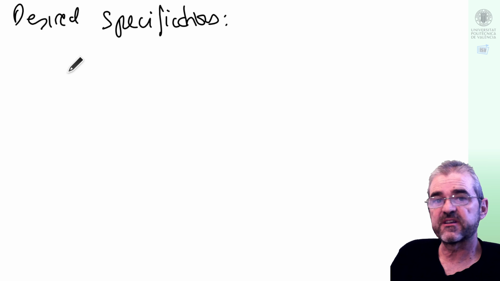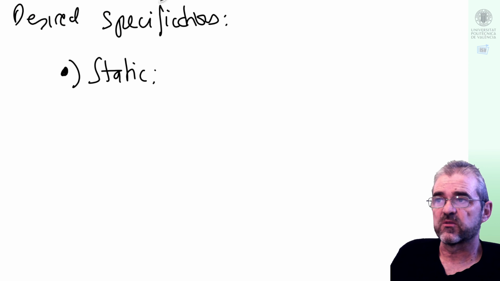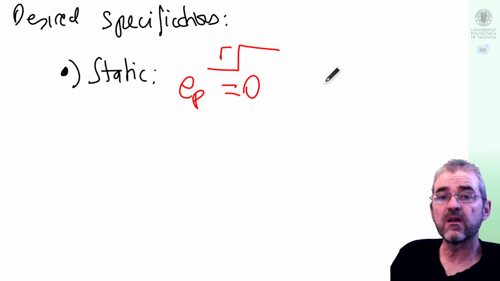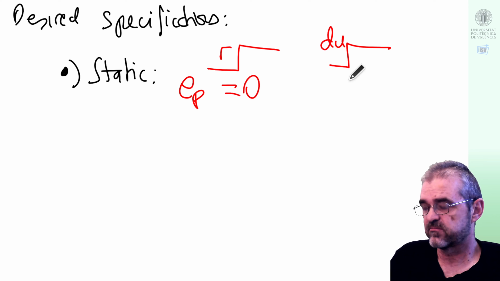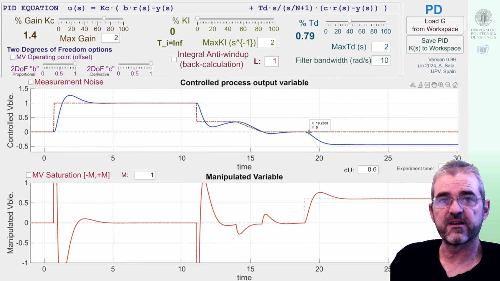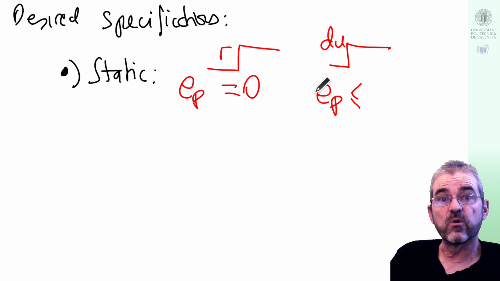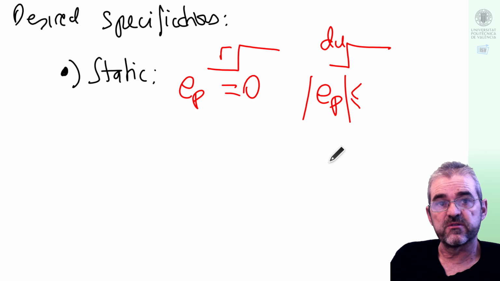We have two kinds of specifications, what are called static, which refer to what should happen when the transient ends, and we will request that position error when we have a step change in set point tracking is 0, and also when we have a step in input disturbance du, this part of the diagram, we will request my position error to be lower than or equal to, in absolute value, let's say, because usually the sign of the error is not of importance in most control problems.